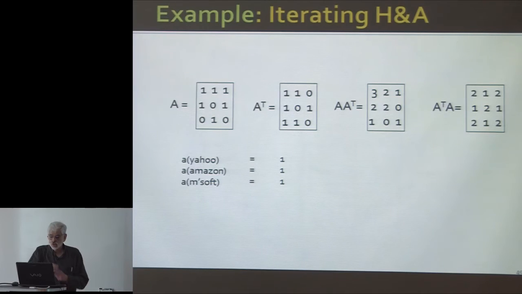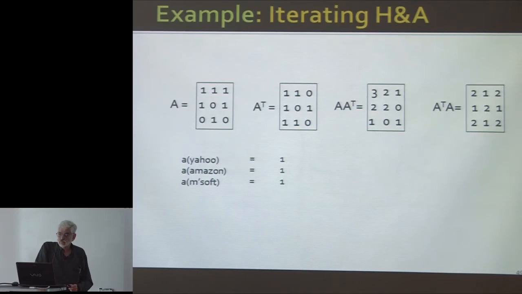Okay, so here's an example. What I have here, I started with the matrix A transpose, obviously, that is A transposed. I multiply A times A transpose, I get that, I get A transpose A, and I get the four of the matrices there.